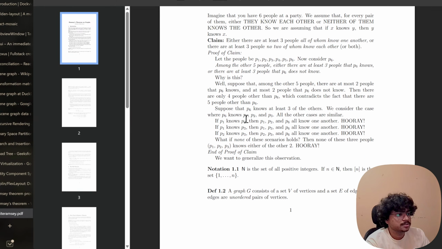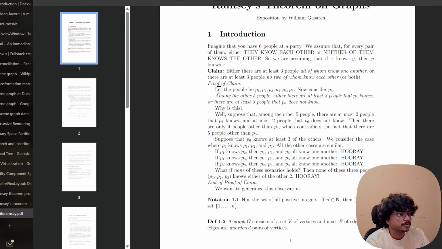Okay, let's say we have the proof of the claim. Consider P6 among the six people. Either there are at least three people that P6 knows, or there are at least three people that P6 doesn't know.